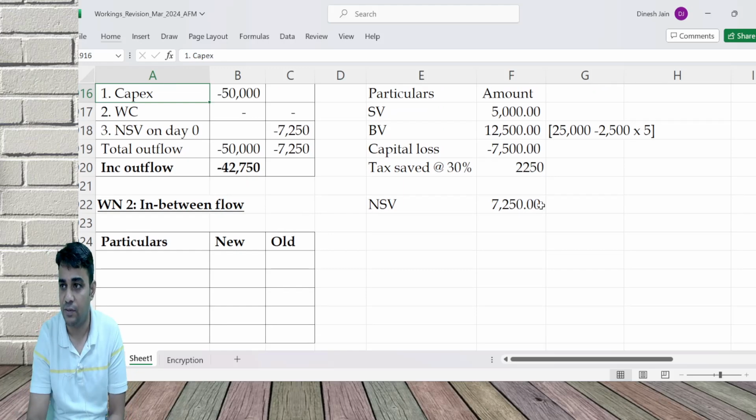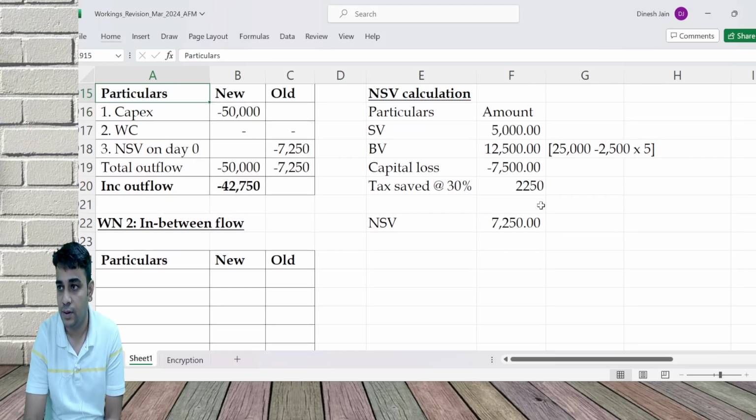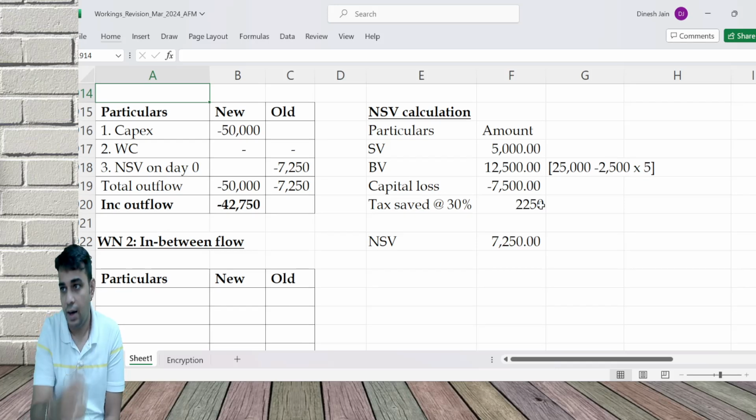Minus of minus positive it has become, that's all. Why will it be positive? As I said, when I analyze old machine separately, it is my opportunity cost. When I analyze my old machine separately, it is an opportunity cost for me today. That's why minus of minus became positive.